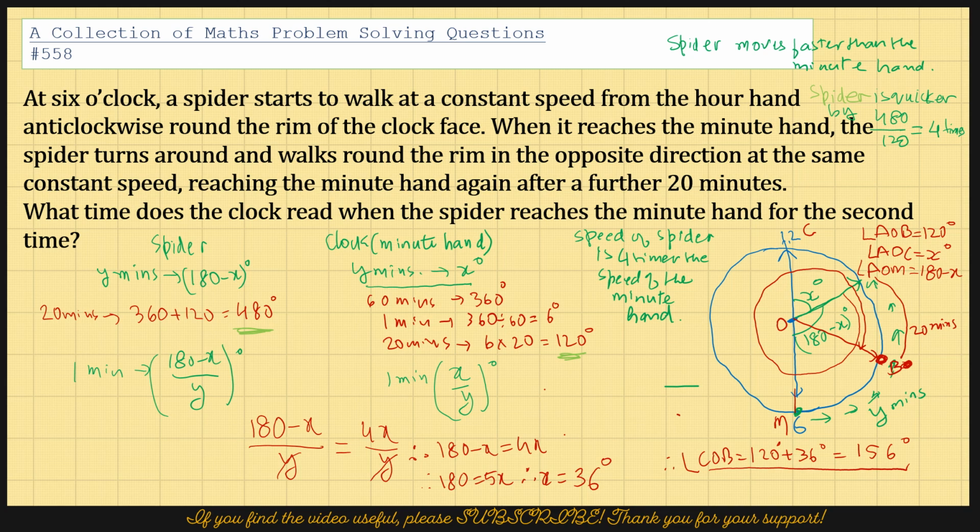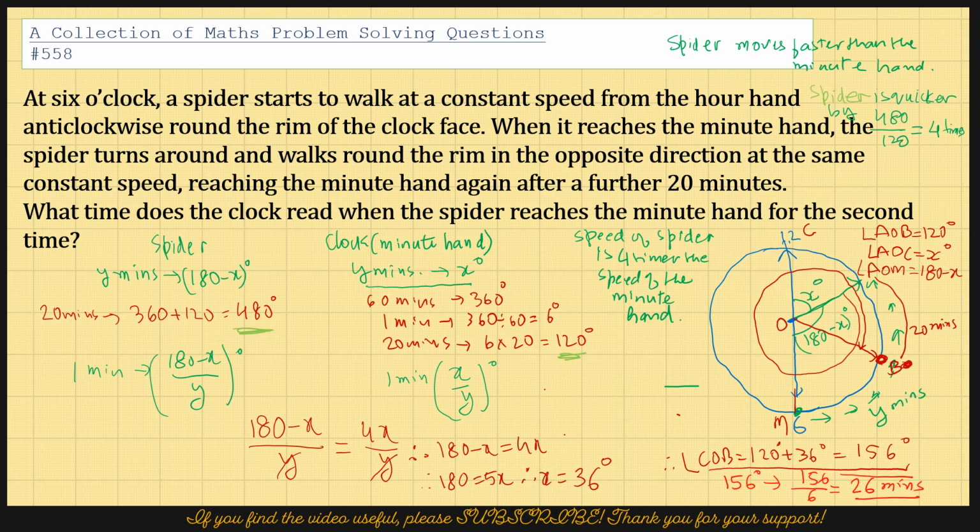So 156 degrees would mean 156 divided by 6, that is 26 minutes.